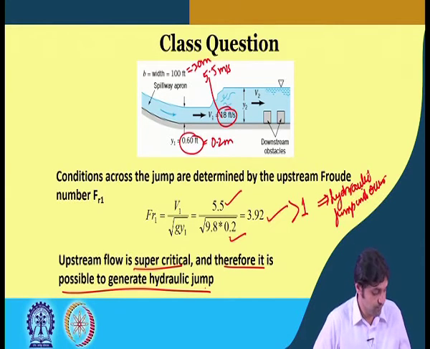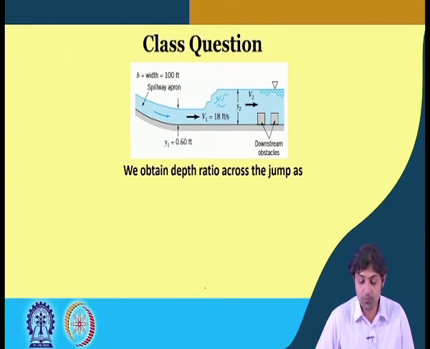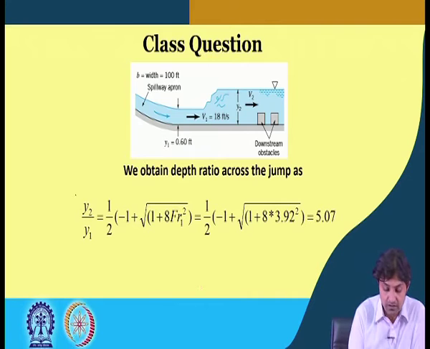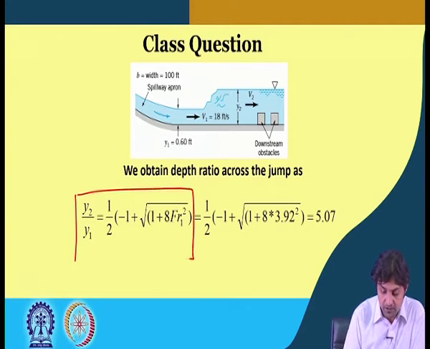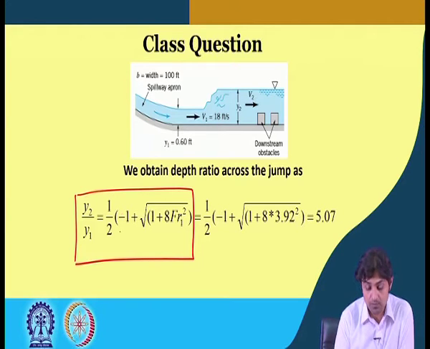First step. So, in the second step we obtain the depth ratio. We had the formula which said y2 by y1 is equal to half multiplied by minus 1 plus square root of 1 plus 8 Fr1 square. Fr1 whole square, which we already found out in the previous slide, was 3.92.